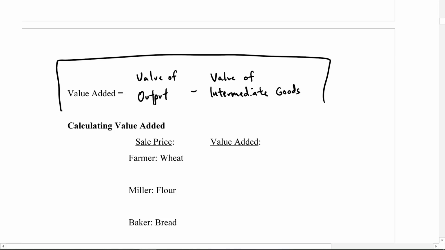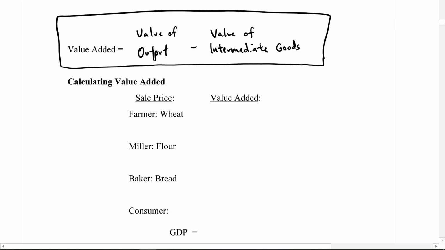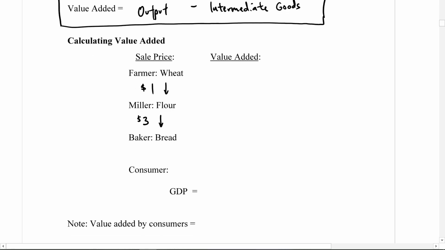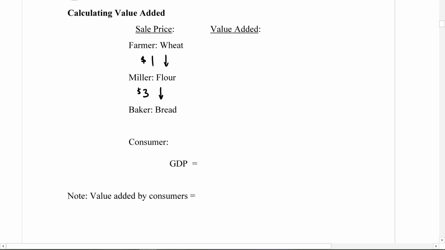And so if we take this simplified example here, we have a farmer. The farmer produces some wheat and sells it to the miller for $1. The miller takes the wheat, makes it into flour, and sells it to the baker who makes the bread, and the baker sells it to the consumer for $6.